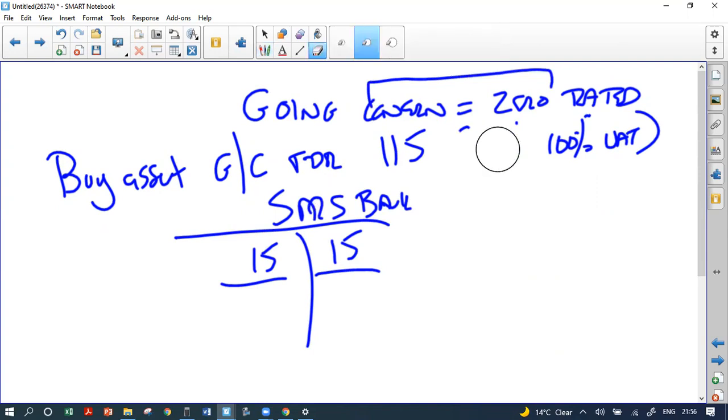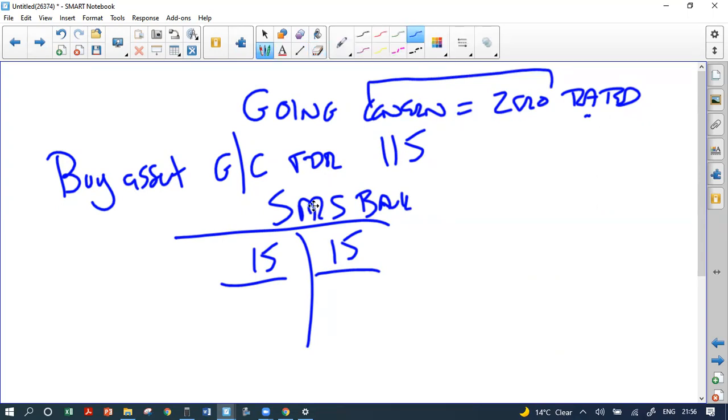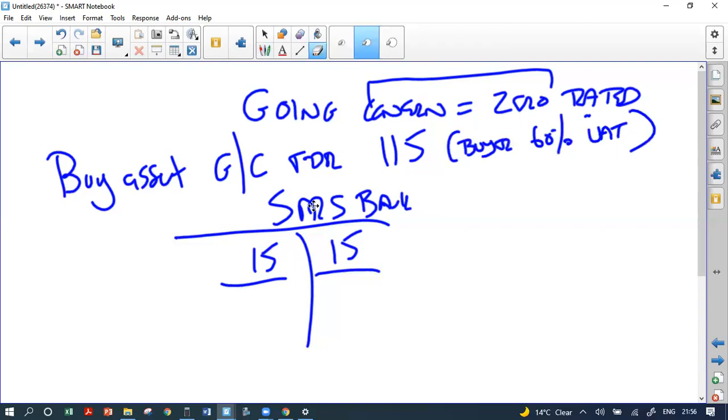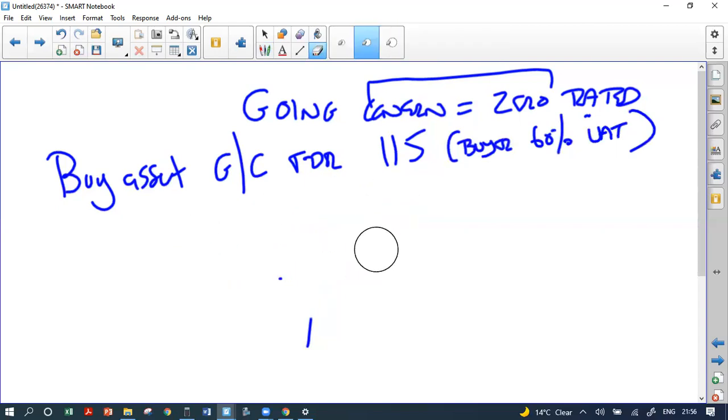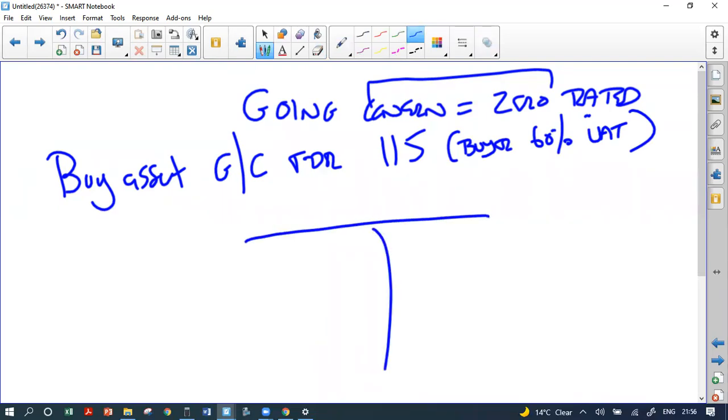Now, I want to show you something. Let's imagine that the buyer is only 60% VATable. The guy sells it, and we're doing the SARS bank accounts again. And what will happen?